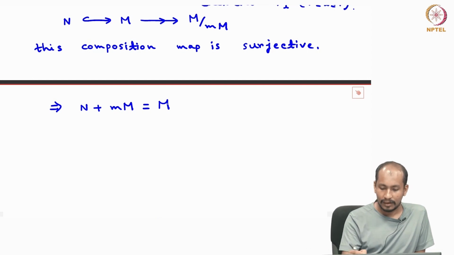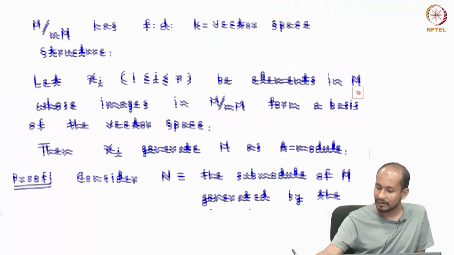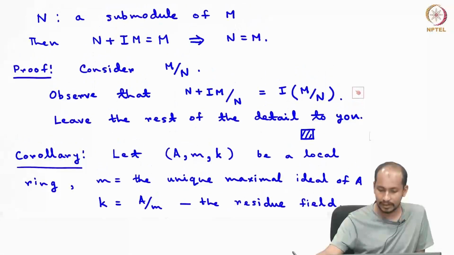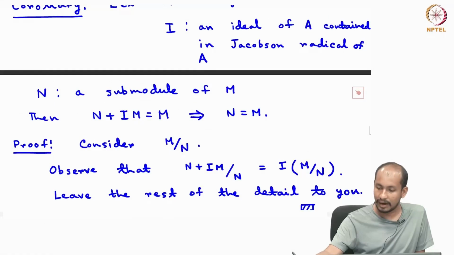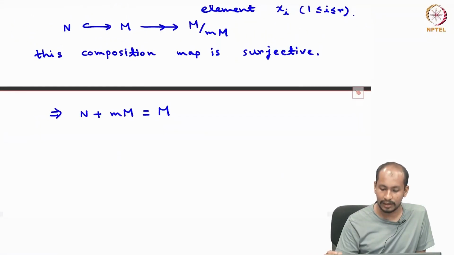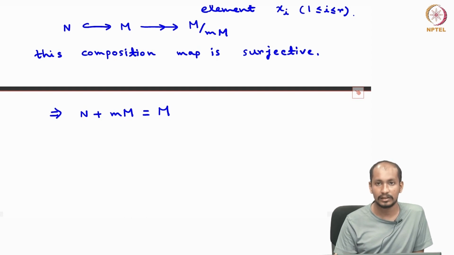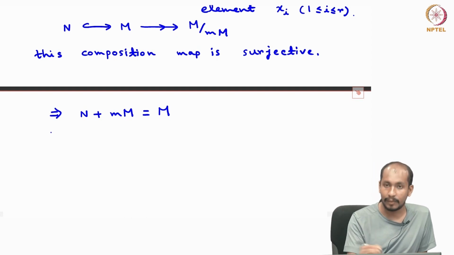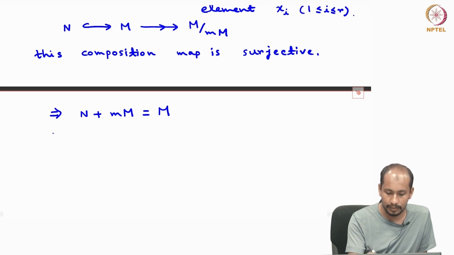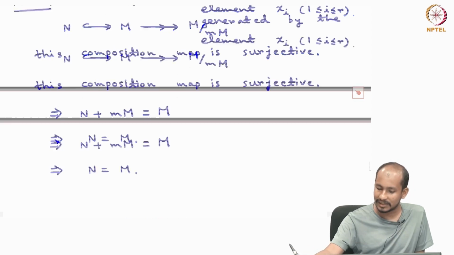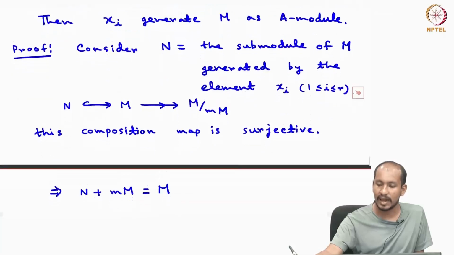Now we can apply the previous corollary of Nakayama's lemma. Here this is a local ring, so the unique maximal ideal will be the Jacobson radical. So we can apply the corollary of Nakayama's lemma, and we get that N is equal to M. So it means that the x_i generate M as a module.